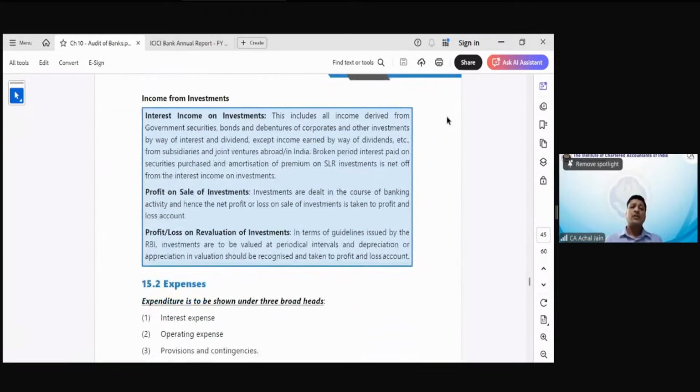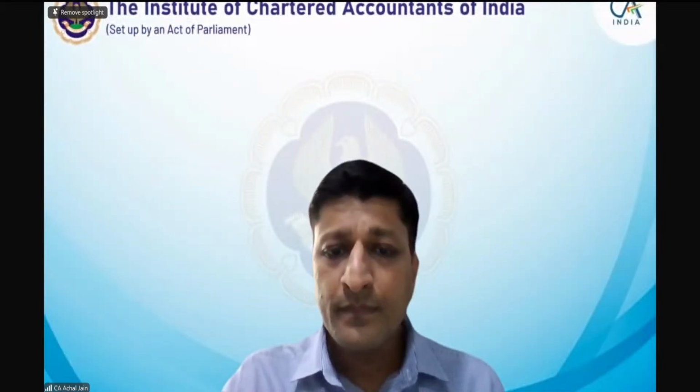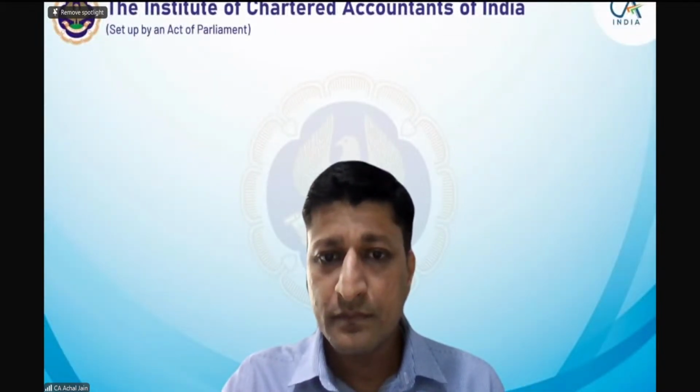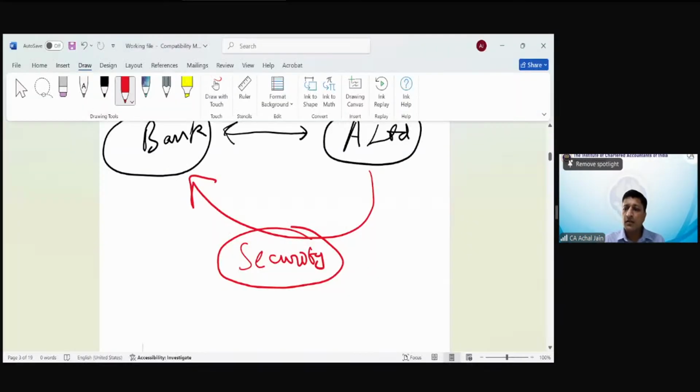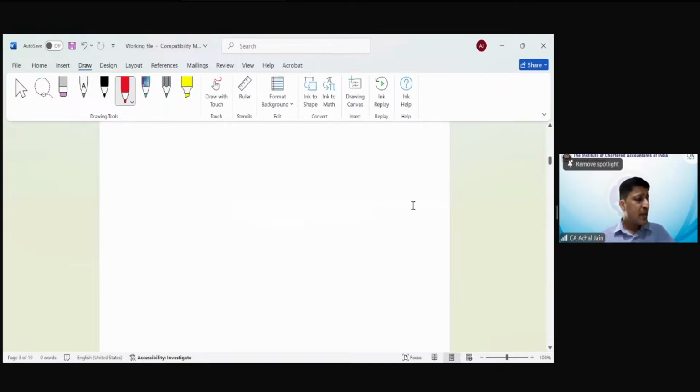Now let's try to understand this. Memorandum, by its very meaning, is a kind of draft account, or you can say a kind of rough working.